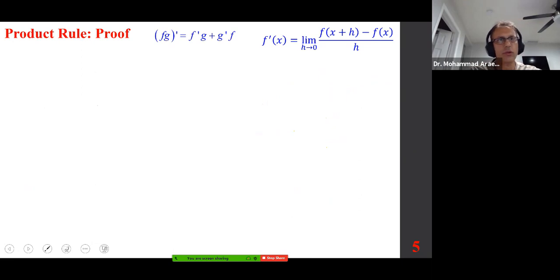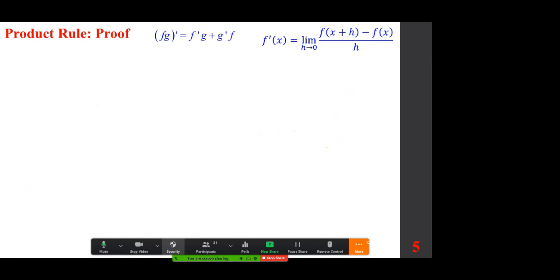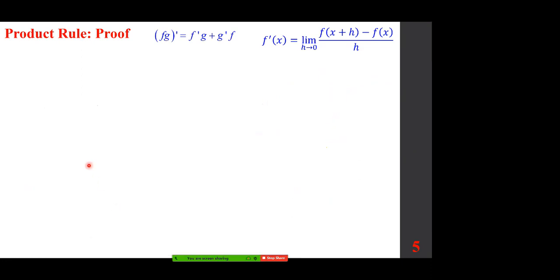I want to quickly show you how this product rule and the proof works. So we want to show this is the case. And so let's do that by setting up capital F of x as f times g. Okay, that makes it easy to do. And now it's all about setting this up.